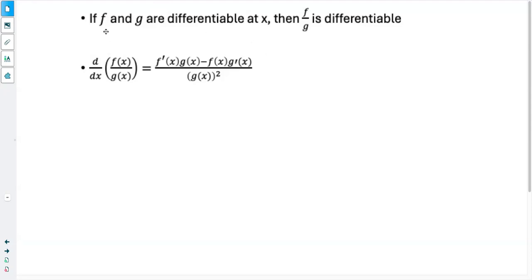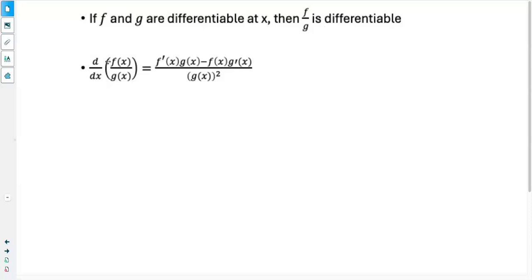laying our rule out, we're going to refer to our first function as f of x, which will be our function in our numerator, and our second function, g of x, will be in our denominator. So if both our functions are differentiable, so both f of x and g of x are differentiable at a particular x value, then f of x divided by g of x, or f divided by g, is differentiable.